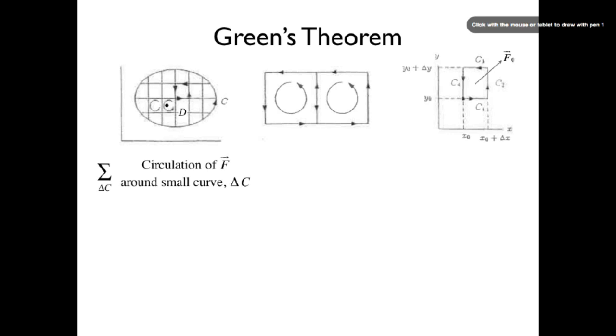So every element, we're going to do a little circulation integral. We're going to break it up into 4 pieces, and we're going to do a line integral around each one of those, okay? And that takes us in 2 different directions, okay?